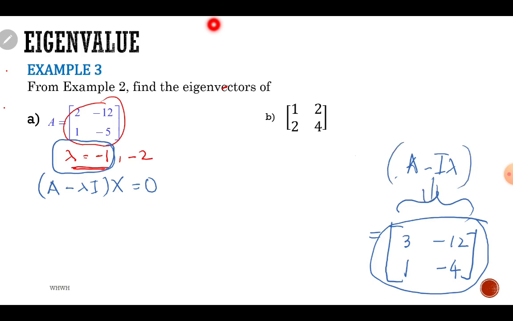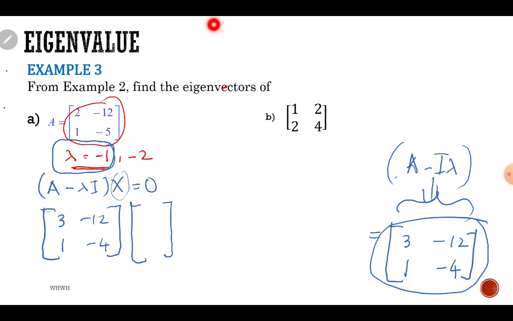Ni dia punya ni. So kita copy yang ni. Dia punya value adalah 3, negatif 12, 1, negatif 4. And our matrix X ni is actually one column matrix, 2 rows.